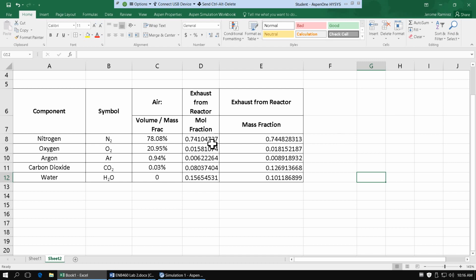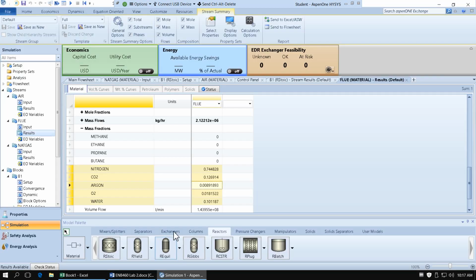So if you use mole fraction, it might be a whole lot different than if you use mass fraction. So just take care when inputting data into Aspen or extracting data from Aspen that you know which fraction you are using. All right.